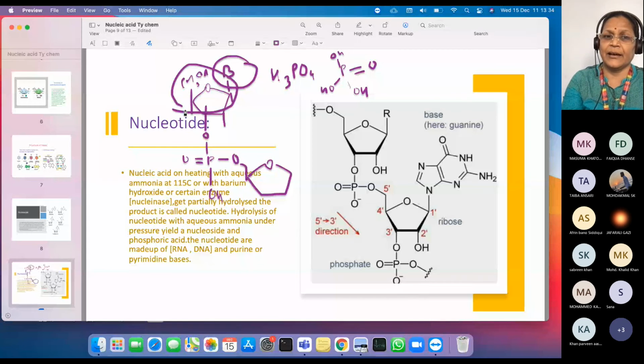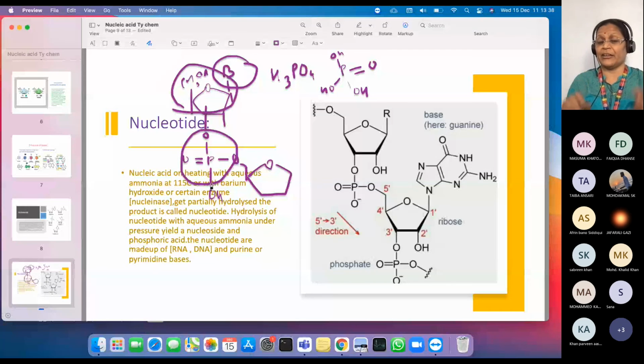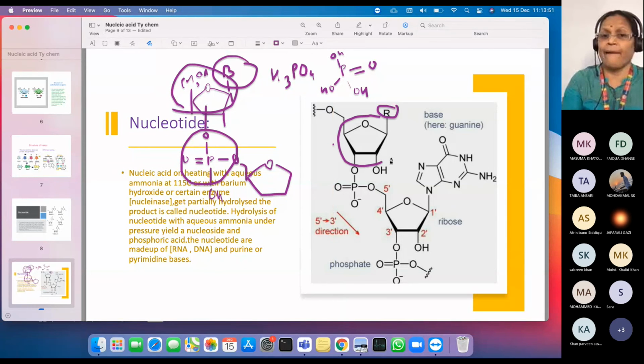So this way we have this: B, S, S and P. Is the nucleotide structure clear? I repeat once again. You have got this base, this is your sugar, and this is your phosphoric acid.